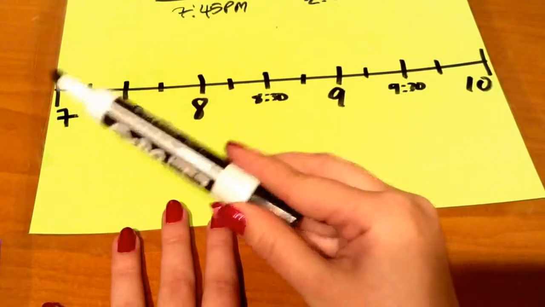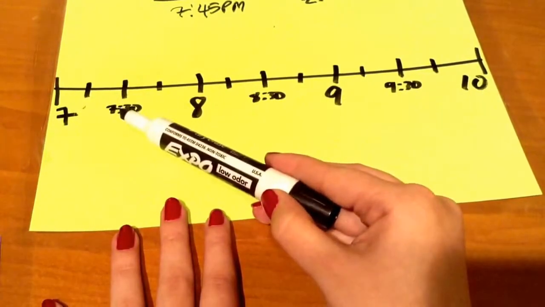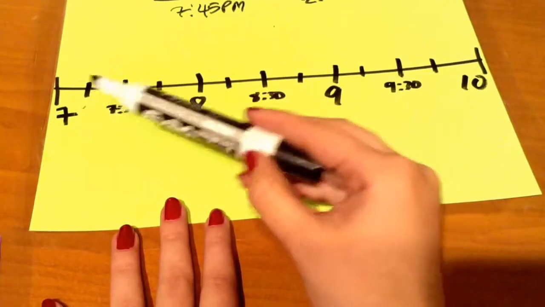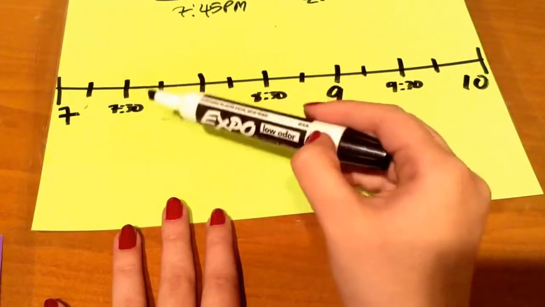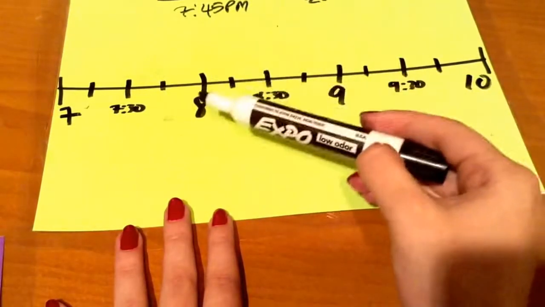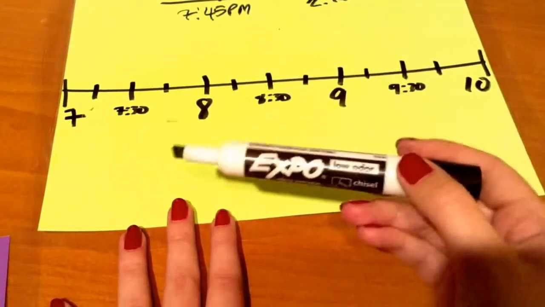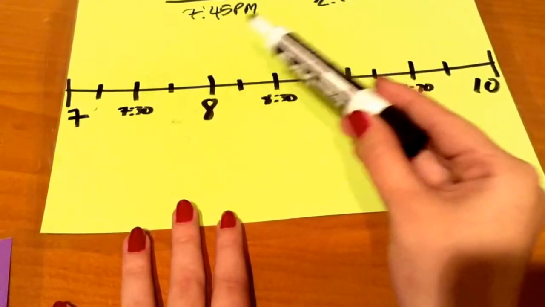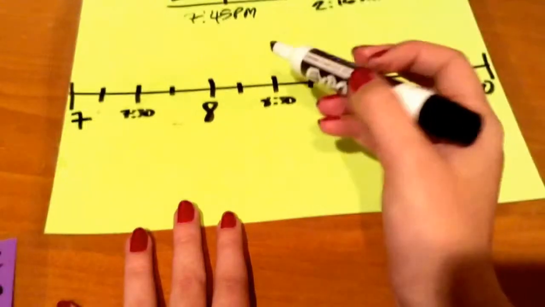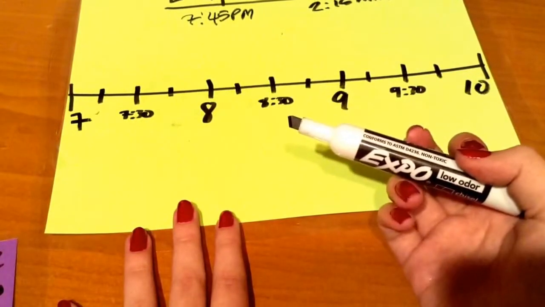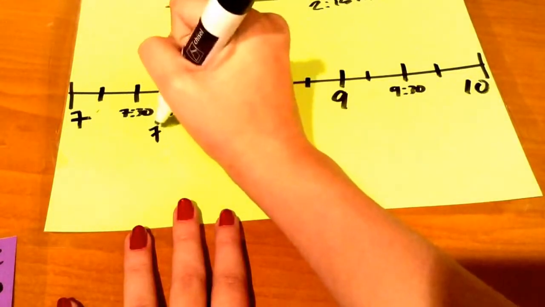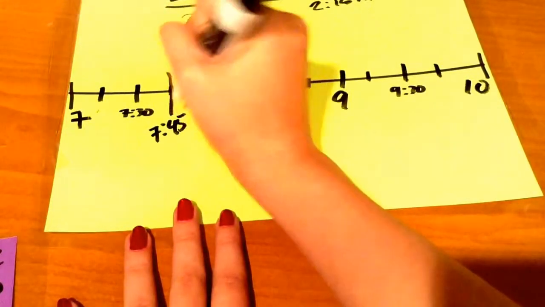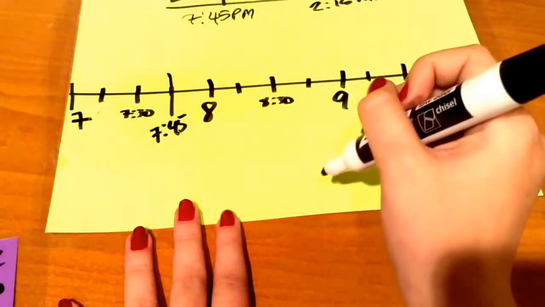So since I have 7 and 7:30, and you minus 15 minutes from 30, what would that be? 7:15, right? And this would be 7:45, 8, 8:15, and so on. So we're going to start at 7:45 because that's when the movie started. Where would that be on this number line? Right, it would be right here. 7:45. That's where we're going to start.